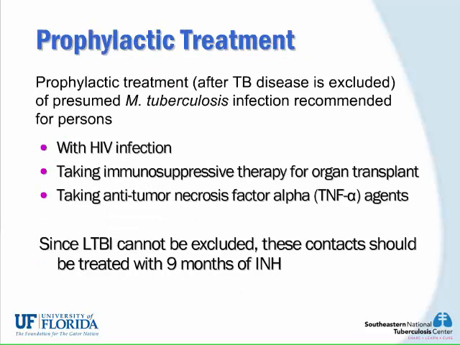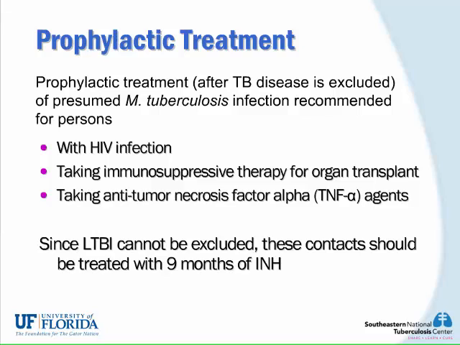Prophylactic treatment is a little bit different, and this is obviously prophylactic because you have to exclude that TB disease. But this is recommended for persons that have a high risk and in whom you cannot really exclude LTBI because it's hard to interpret the IGRA or the TST.